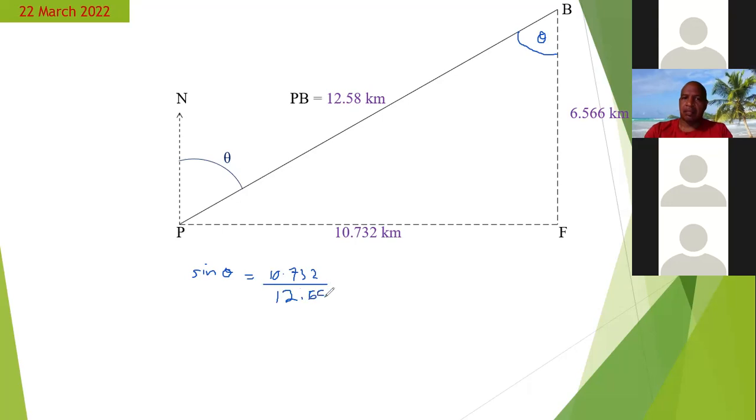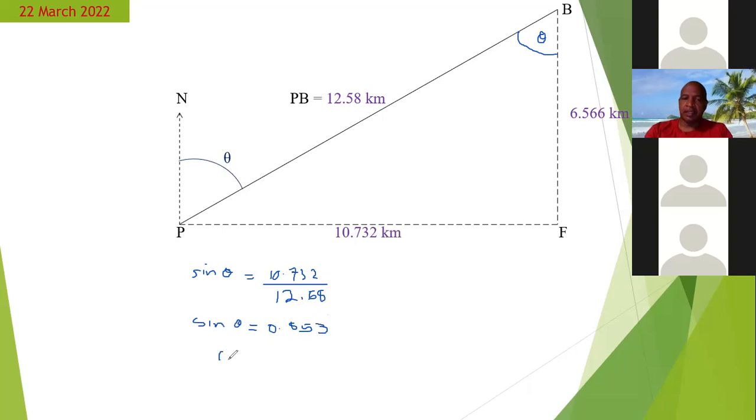Let me work out what that would equal. 10.732 divided by 12.58. How many decimal places do you need? 2 or 3? At least 3. 0.853. You rounded it off correctly. Yes, it would be 0.853.